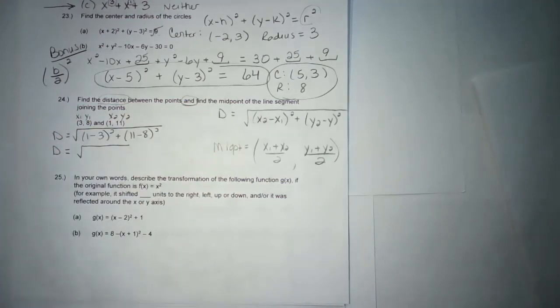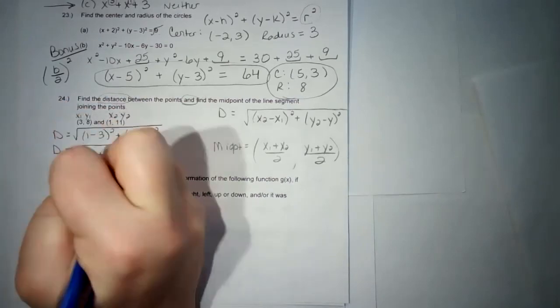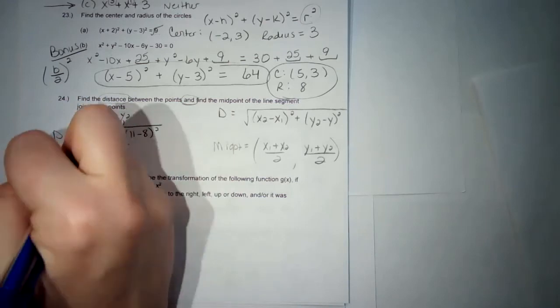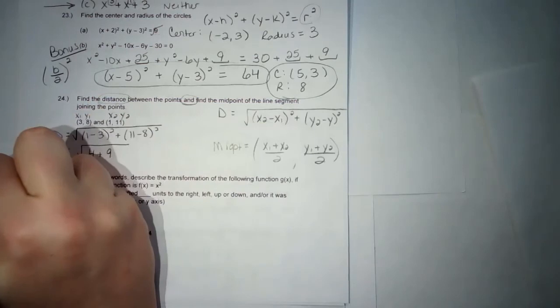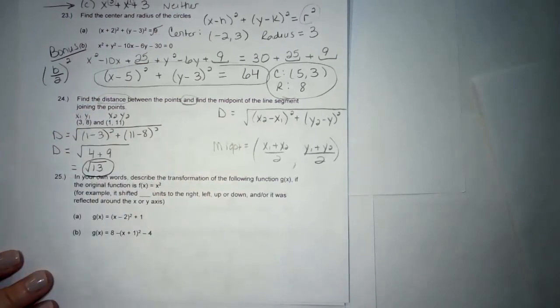What's negative 2 squared? 4, positive 4. What's 11 minus 8? 3 squared, 9. The distance is the square root of 13. That's ugly, but that's it. You're good. Everybody okay with that?